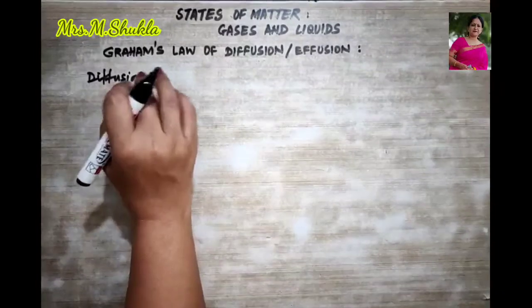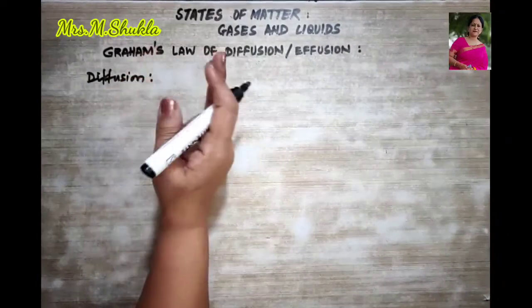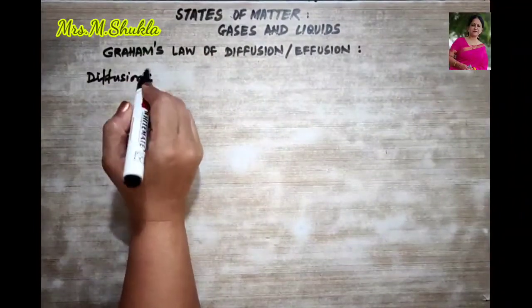Why does this happen? Diffusion takes place when one gas intermingles with another gas, then it is termed as diffusion, correct?